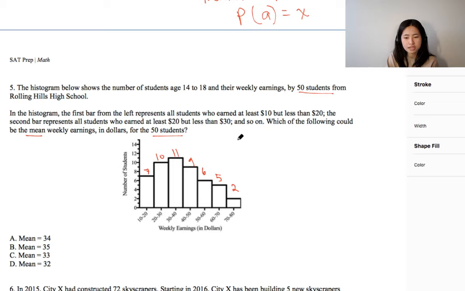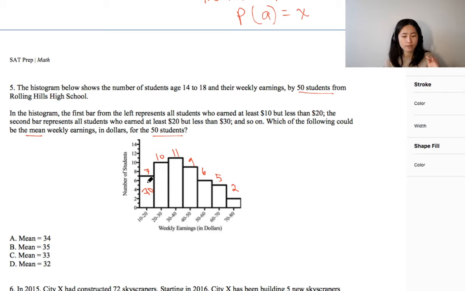So maybe we can say that for this bar right here, because you have 7 students, that means you're earning at least $10. That would be 70, because it's 7 times $10. So the total value would be $70 if you have seven students.